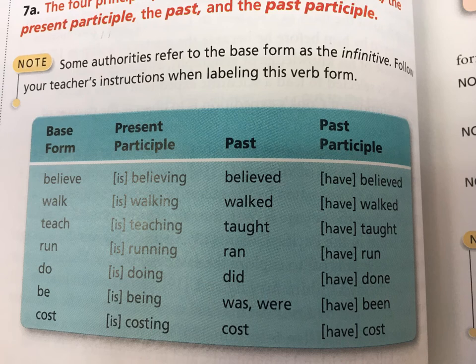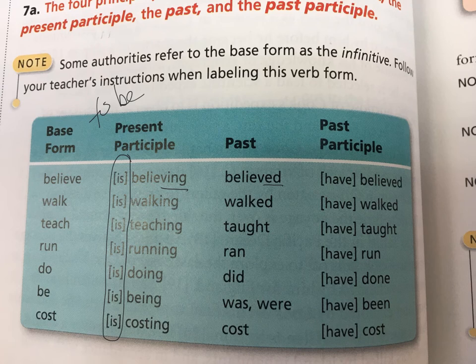Present participle is always ing, and it always has some form of the to be verb with it. The past form, if it's a regular verb, has ed. If it's an irregular form, it could be anything.